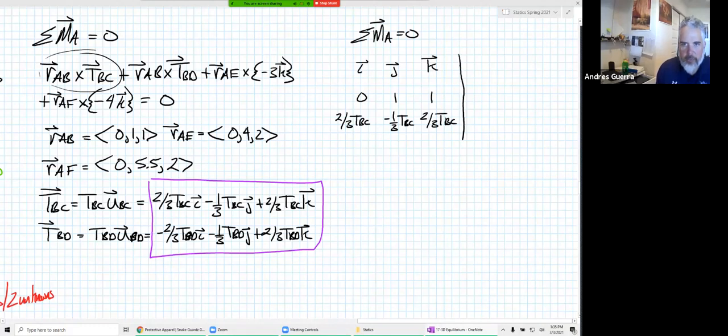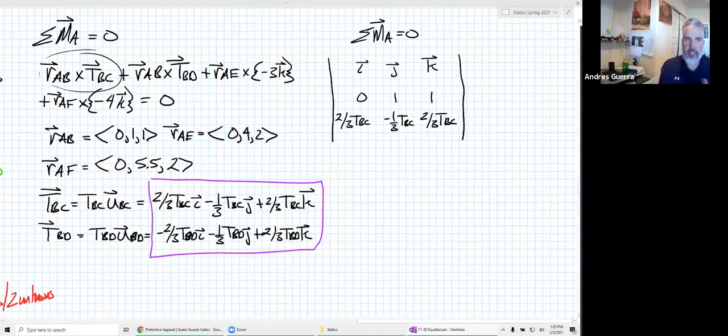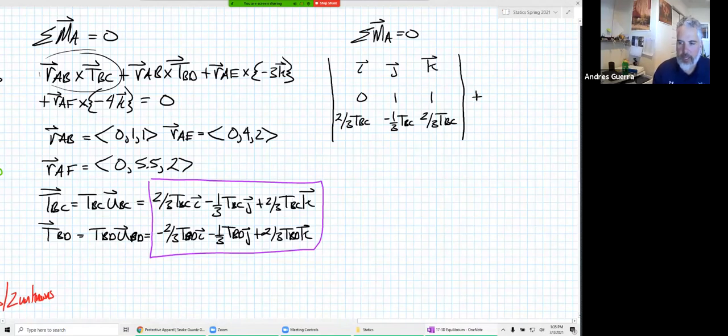And so we put the lines across there to say, hey, we're doing the determinant of that 3x3 matrix. That's going to tell us the moment that TBC is causing about point A in the I, J, and K direction.